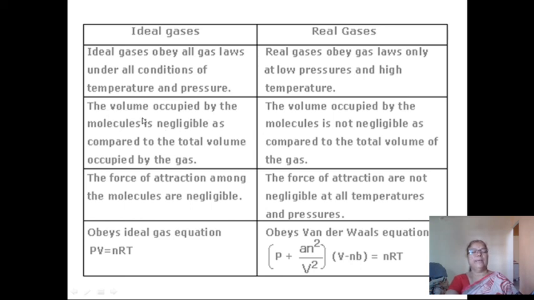Then the second distinguishing point: the volume occupied by the molecules is negligible as compared to the total volume occupied by the gas in case of ideal gases, and in case of real gases the volume occupied by the molecules is not negligible as compared to the total volume of the gas.